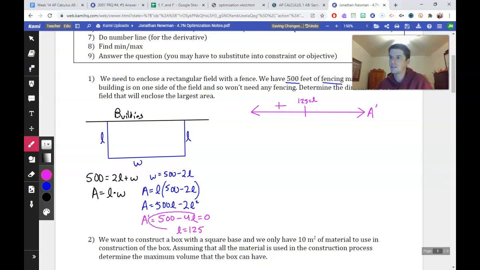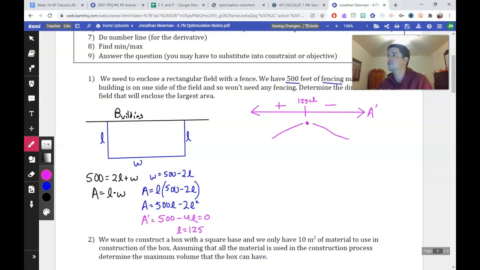You can also plug in a number bigger than 125. If you plug in 1,000, 500 minus 4,000 is going to be negative. So if you need the graphical representation, it's positive and then it's negative. That means we have a maximum here, which is good because we wanted the largest area.